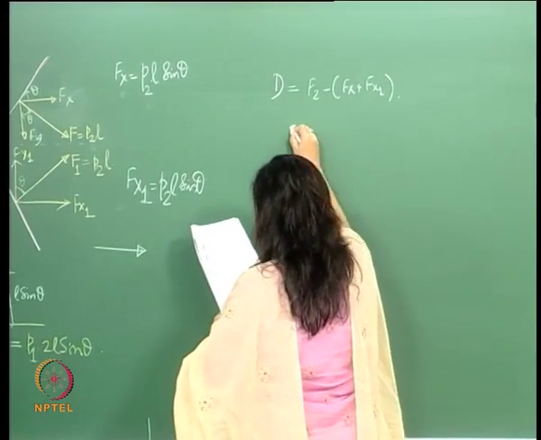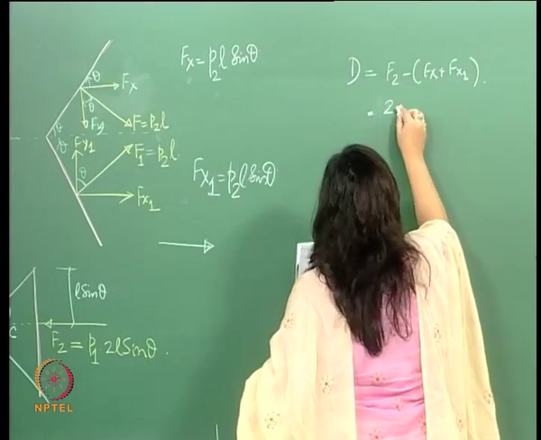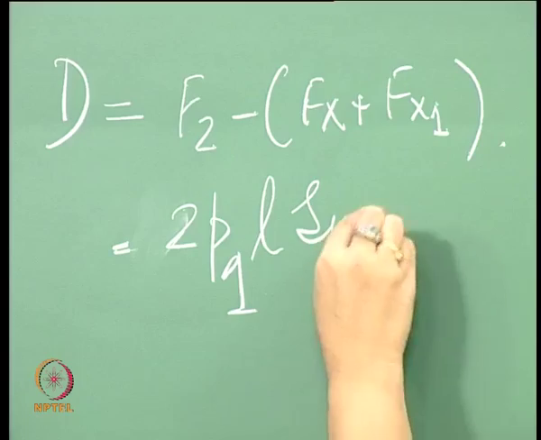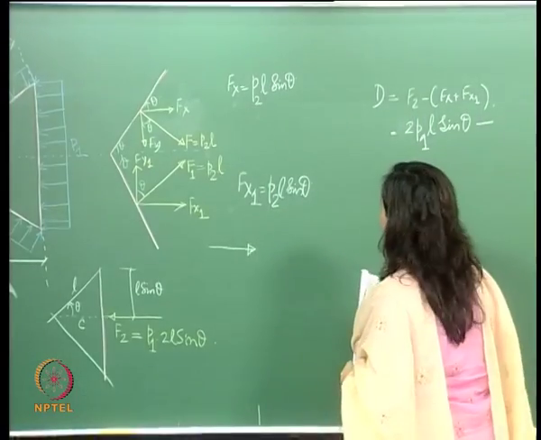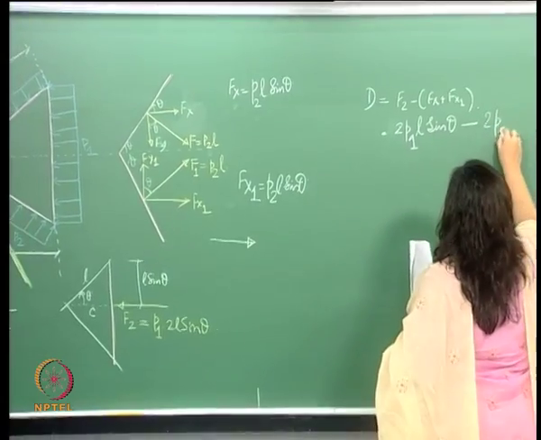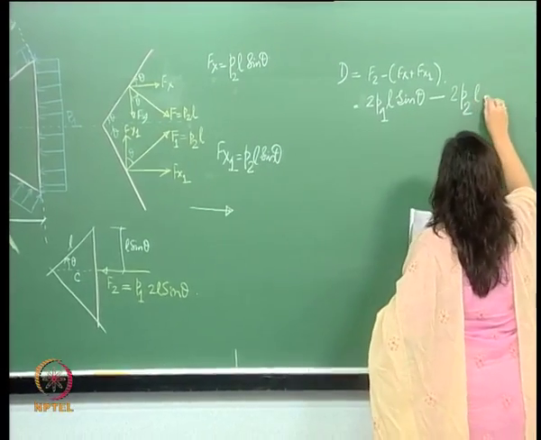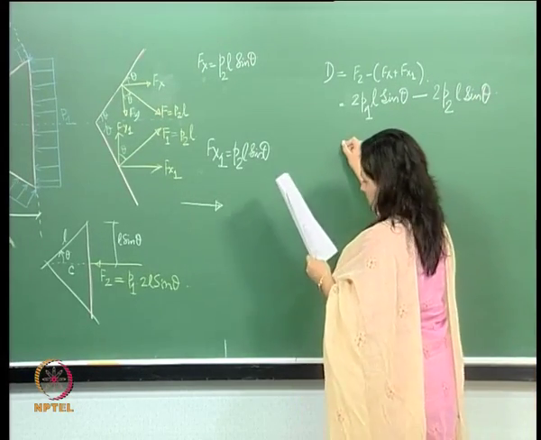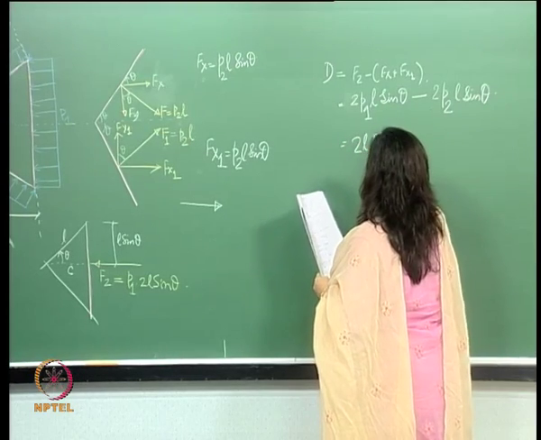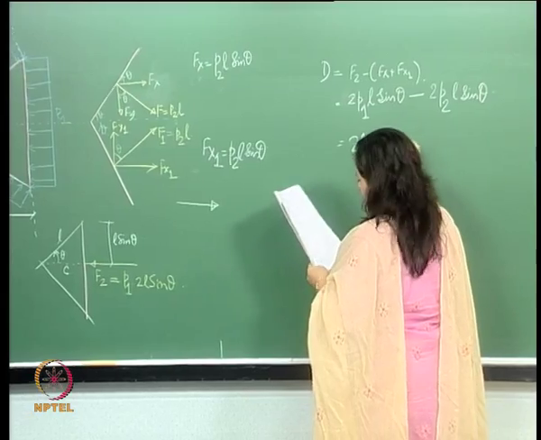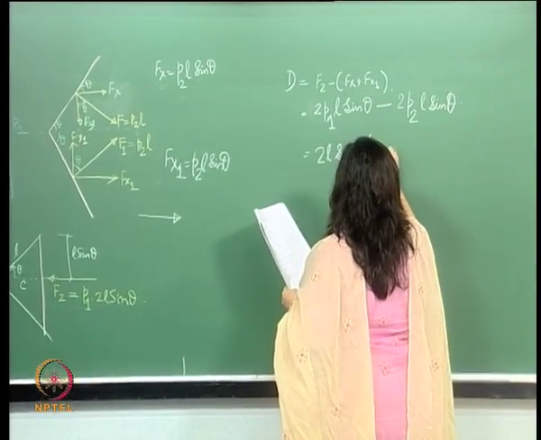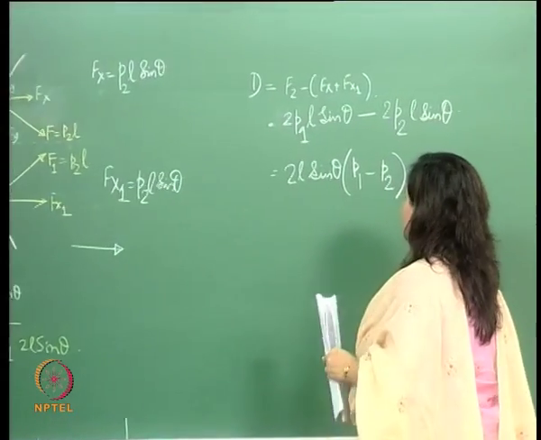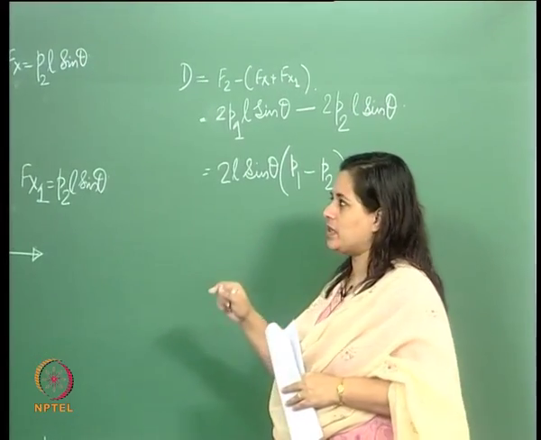Which comes out here to be 2 P1 L sine theta minus 2P2 L sine theta. Okay, so this I can write as 2L sine theta into this.